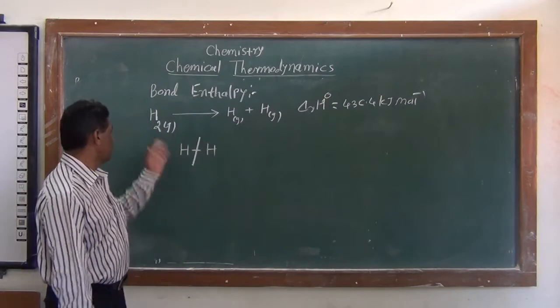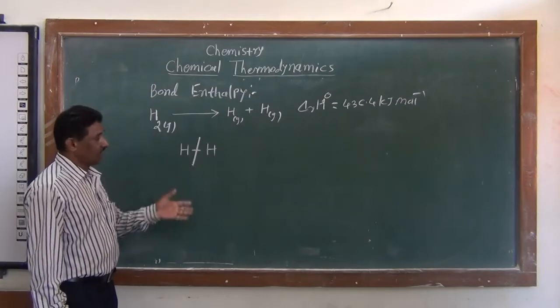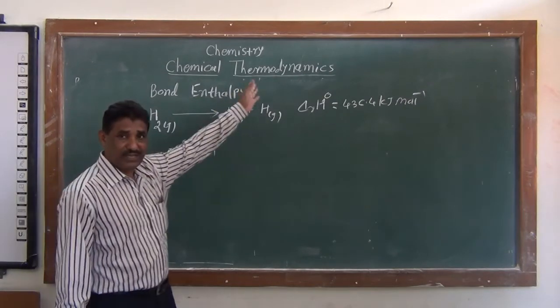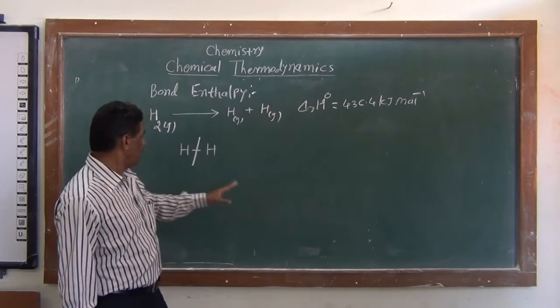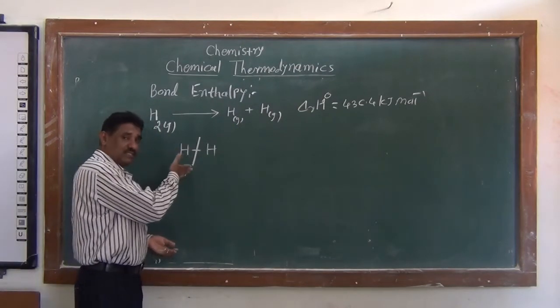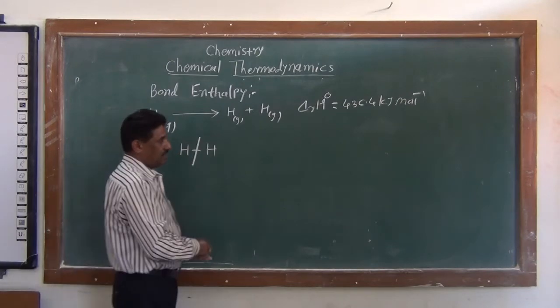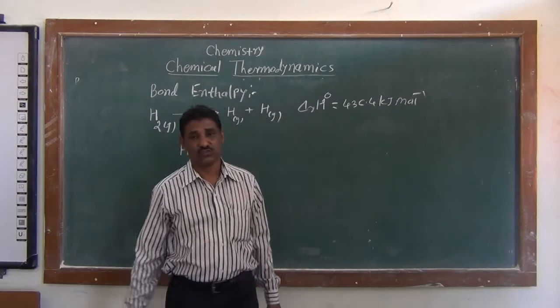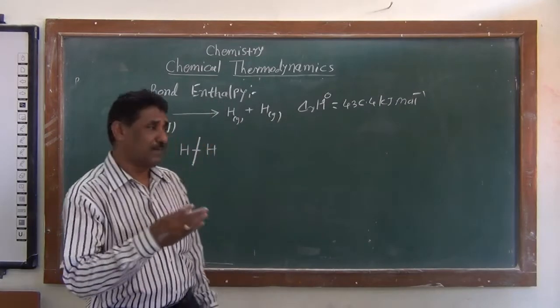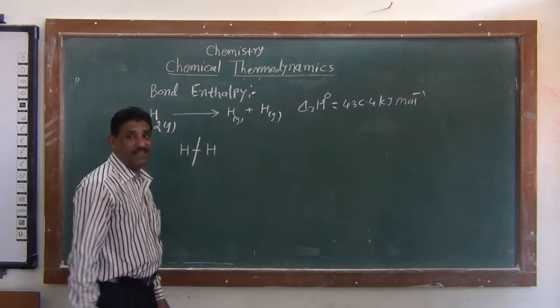Here 1 mole of hydrogen molecule dissociates, and we get one hydrogen atom and another. The energy required for this bond is 436.4 kilojoules per mole.